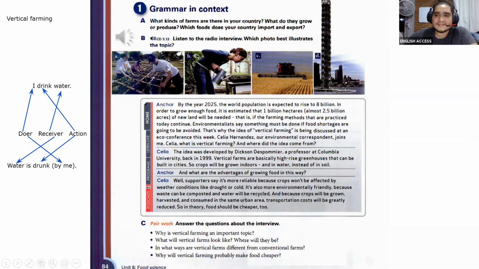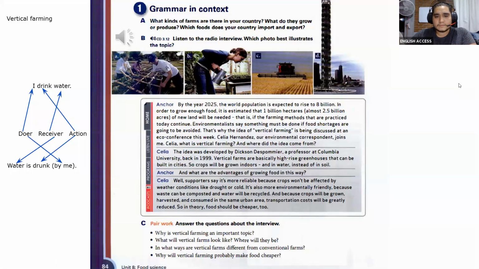By the year 2025, the world population is expected to rise to 8 billion. In order to grow enough food, it is estimated that 1 billion hectares, almost 2.5 billion acres, of new land will be needed. That is, if the farming methods that are practiced today continue. Environmentalists say something must be done if food shortages are going to be avoided. That's why the idea of vertical farming is being discussed at an eco-conference this week.